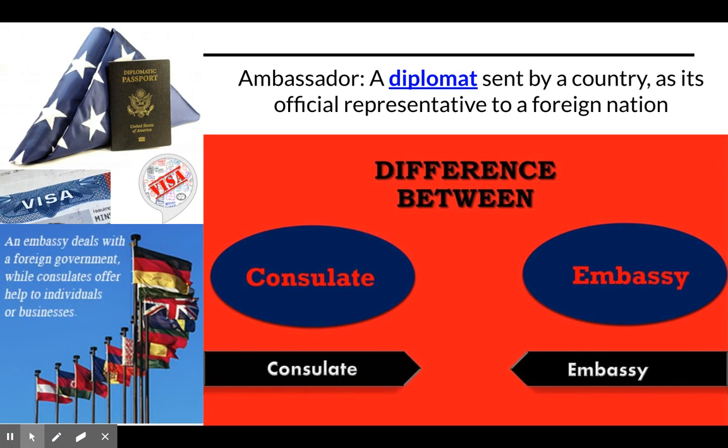Again, I used the word ambassador when I was talking about the UN. Remember that an ambassador is a diplomat sent by a country as its official representative to a foreign nation. And ambassadors work in an embassy or a consulate. There are some differences between embassies and consulates, but they basically serve the same purpose.